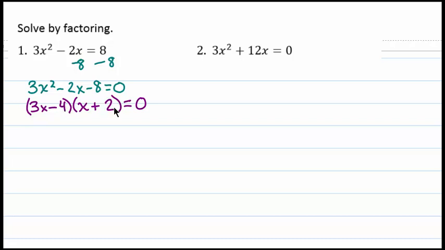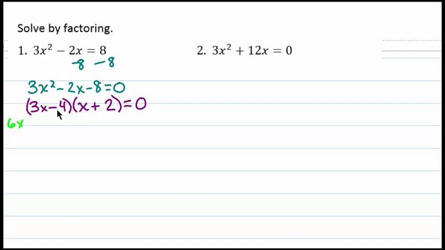Now I'm just guessing. Could I have placed the 4 over here? Absolutely, but this is when you use an educated guess. I would have to multiply 3 times 4 and then 2 times 1, and that difference isn't 2, and I'm looking for the difference to be 2. So on the side, I'm going to check to make sure that this is my middle term. So I have 3x times 2, so I have 6x.